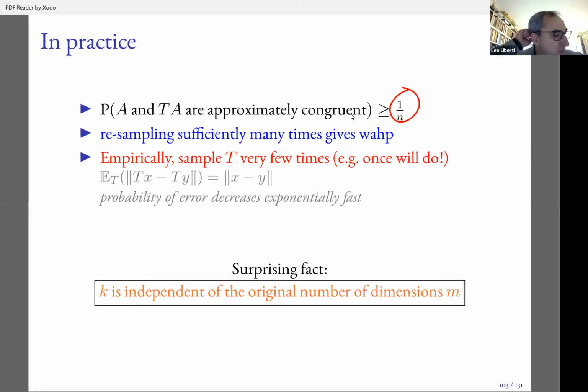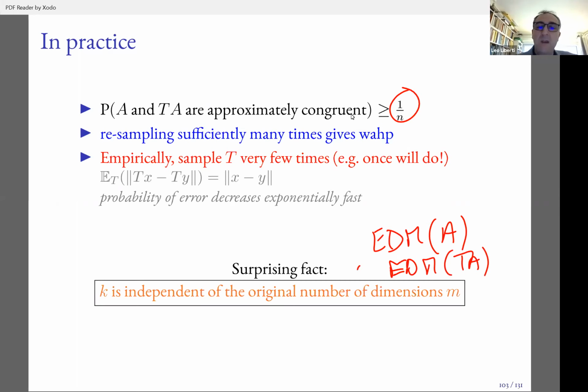Okay, but every time you resample, you would have to ascertain whether the distance geometry, the Euclidean distance matrix of A and the Euclidean distance matrix of TA are really similar, okay? And so these computations cost a lot, which you don't want to do. So in fact, you have to sample very few times. What I do is I sample only once.